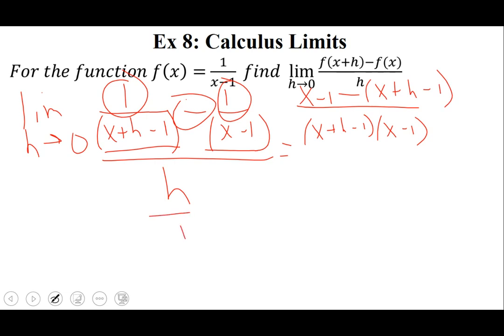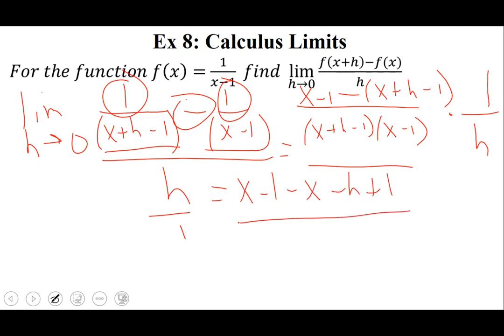How do you get rid of the complex fraction? Well, here's the keep. Change it to multiplication and then flip it to 1 over h. All right, a little bit of simplifying. So this becomes x minus 1 minus x minus h plus 1 all over x plus h minus 1 times x minus 1 times 1 over h.